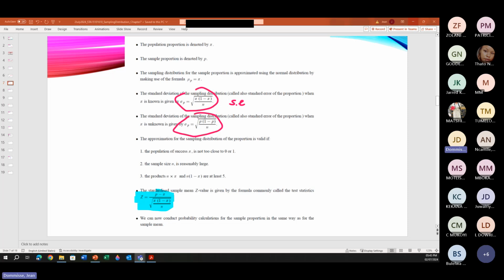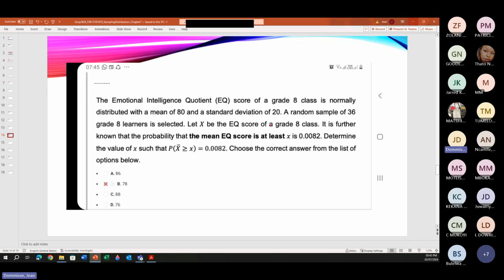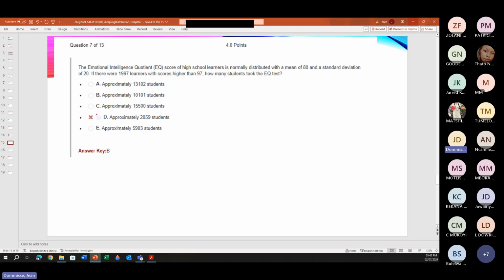Okay, so let's get going with some of the questions so that we can see what they're asking. Some are out of the study book that you have, some are from previous assignments that were sent to me by students.